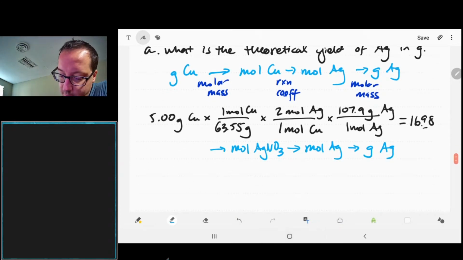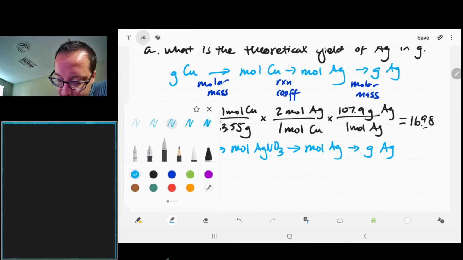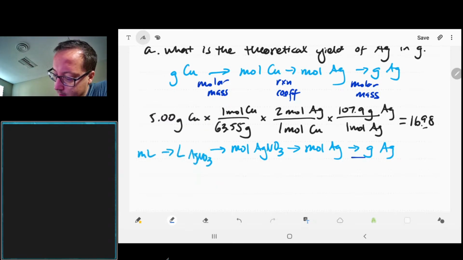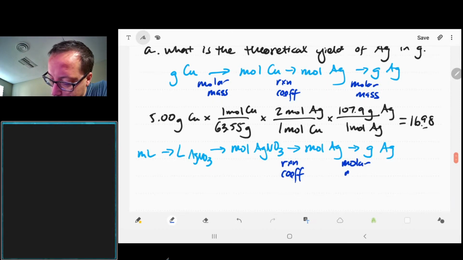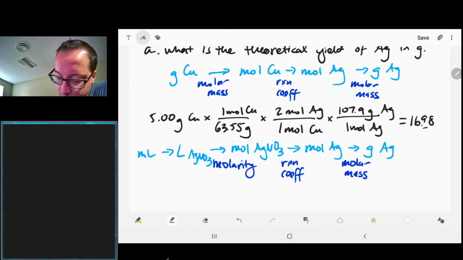So we know that with the molarity we can go from liters. And since we're given milliliters, we'll start with that. As always, we have our reaction coefficients in the middle. We have a molar mass this time on the right side. We have a molarity this time for our solution. And then we just have our metric conversion to start.